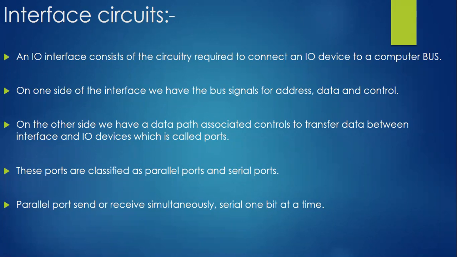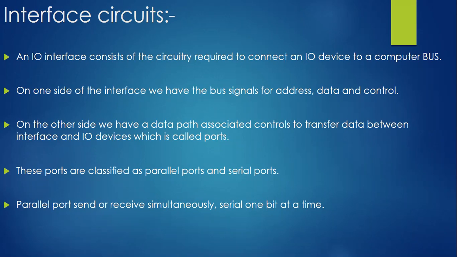On one side of the interface, we have the bus signals for address, data, and control. Up to now, from module number 1 and half of module number 2, the knowledge we got is that we have a bus cable, which internally consists of three main lines dealing with address, data, and control. That we are calling one end.